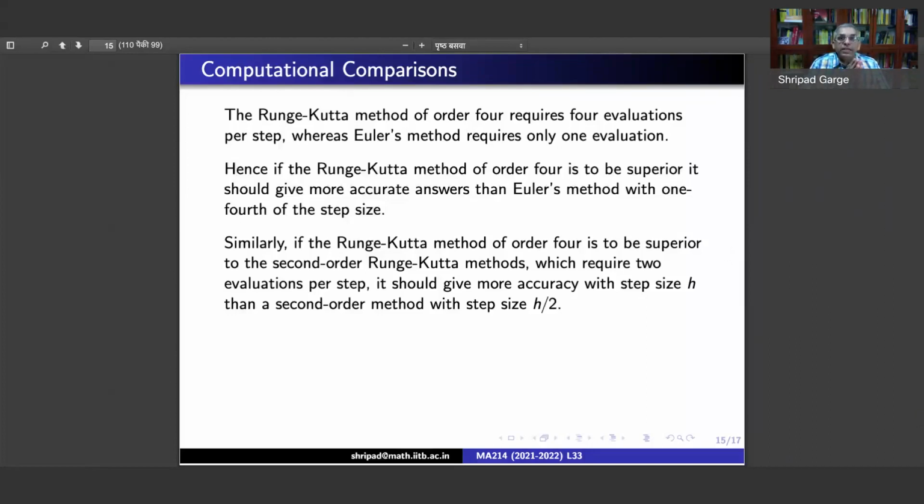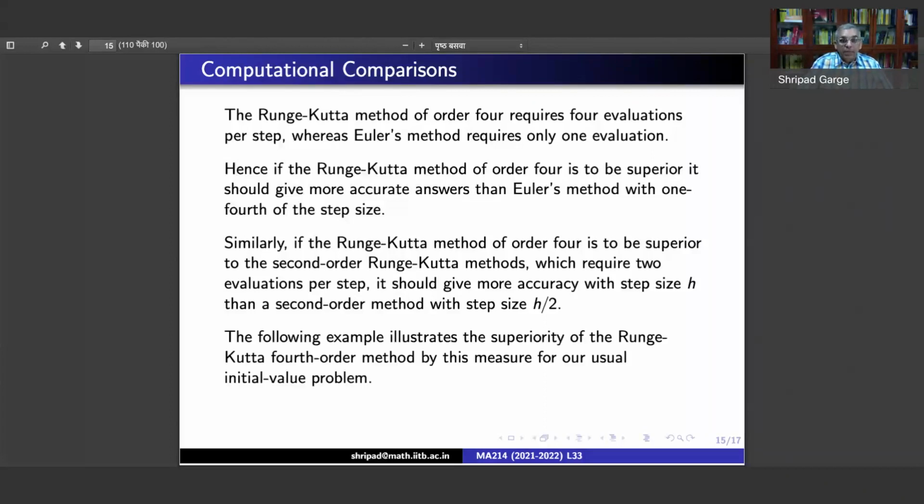So if we say that our step size for Runge-Kutta is a particular step size, then we will take half of that step size for the second order Runge-Kutta method, and half of that, or 1/4 of the original Runge-Kutta of order 4 step size, for Euler's method, and then we compare all these 3 methods. That would be the correct comparison.